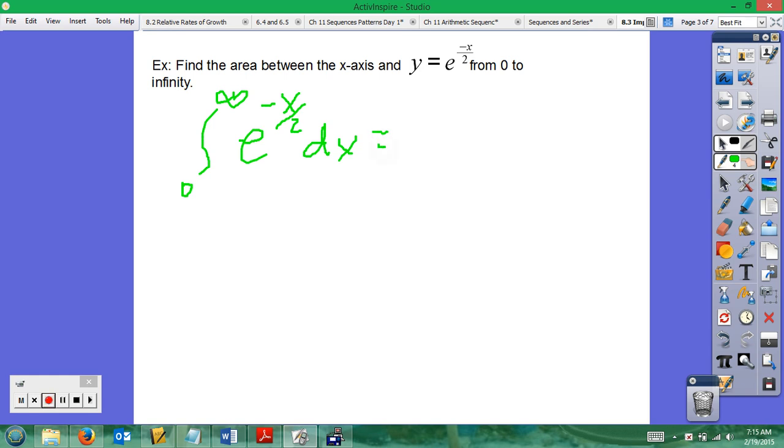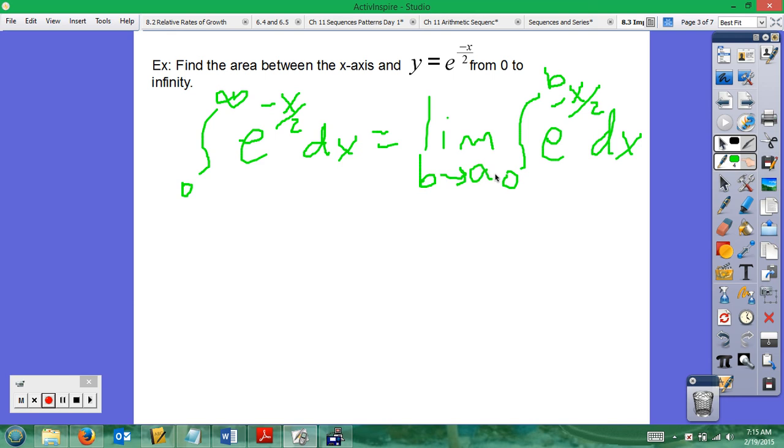We write it from a limit perspective: the limit as b approaches infinity of the integral from 0 to b of e to the negative x over 2 dx. So instead of 0 to infinity, we write 0 to b, and that b value is approaching infinity. That way we have a placeholder instead of this fuzzy infinity thing.